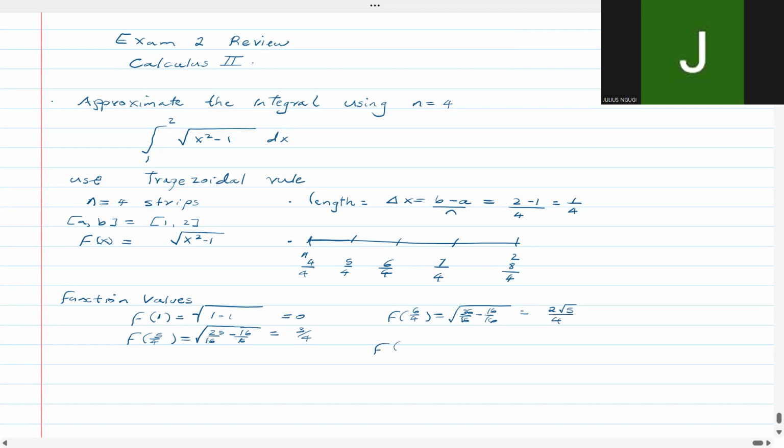F at 7 over 4 is the square root of 49 over 16 minus 16 over 16, which is 33 over 16, which is root 33 over 4. And the last one is f at 8 over 4, or f at 2. Let's use 2. So we have the square root of 2 squared minus 1, which is the square root of 3. So we have all the function values.